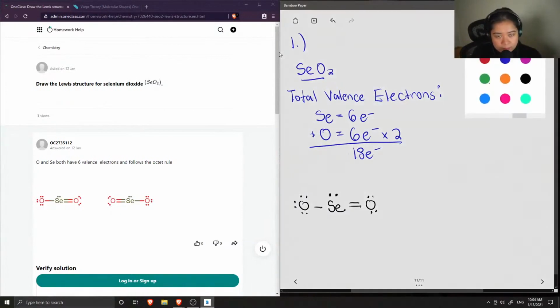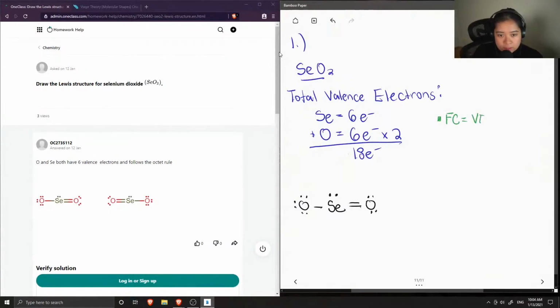So now let's calculate the formal charges of each of the atoms. The equation for formal charge is equal to the number of valence electrons minus the number of non-bonding electrons minus the number of bonding electrons divided by 2. So first let's do the leftmost oxygen.